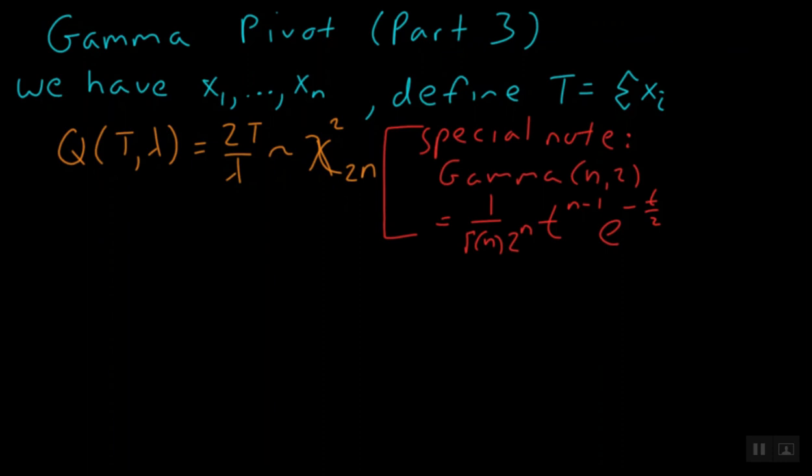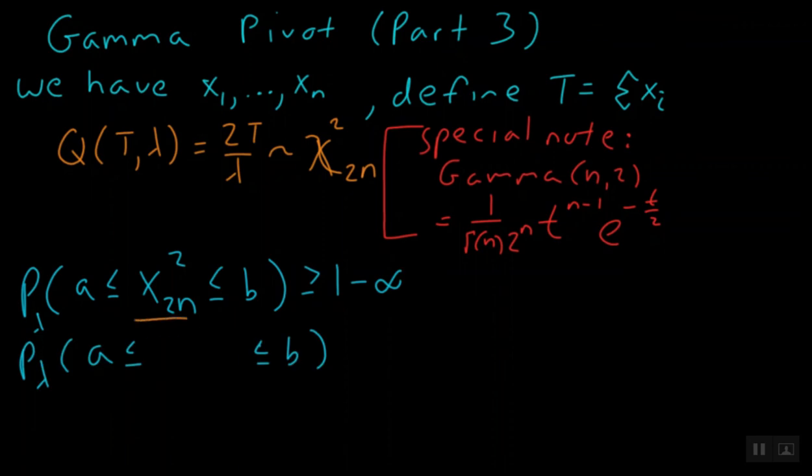Now there's one thing that I needed to mention in part 1 that I did not. When we got our gamma distribution with parameters n comma 2 earlier, the one thing I needed to note was that this distribution does not rely on lambda, and that is in fact why we can choose it as our pivot quantity. So with that being said, we'll set the probability with respect to lambda that we can choose some A less than or equal to our chi-square distribution with 2n degrees of freedom less than or equal to B, such that this is greater than or equal to 1 minus alpha.